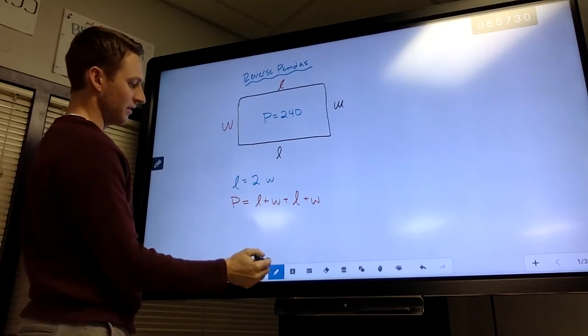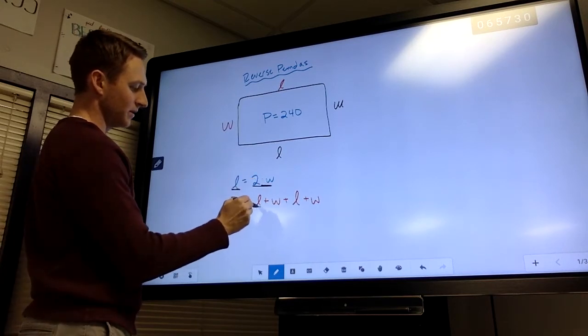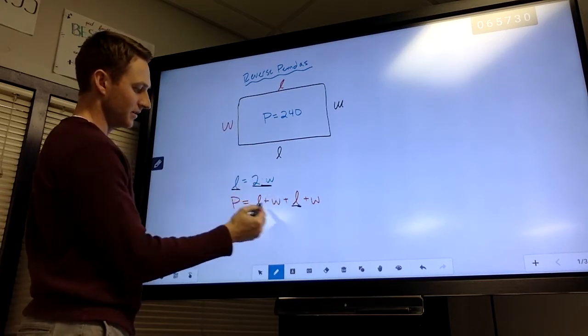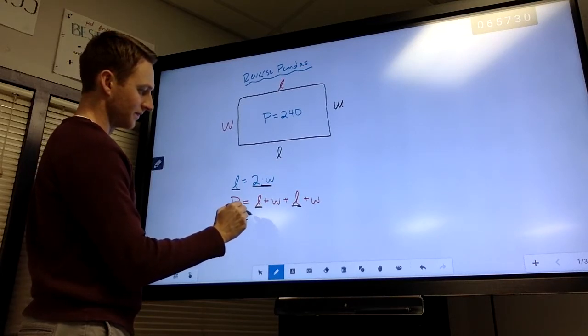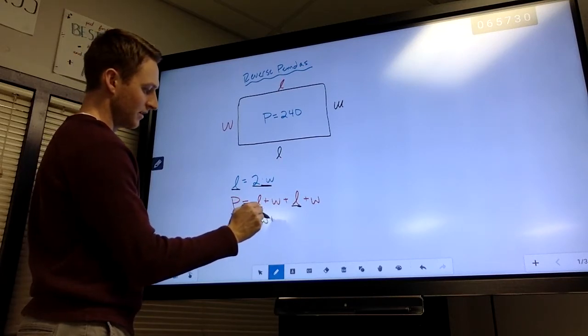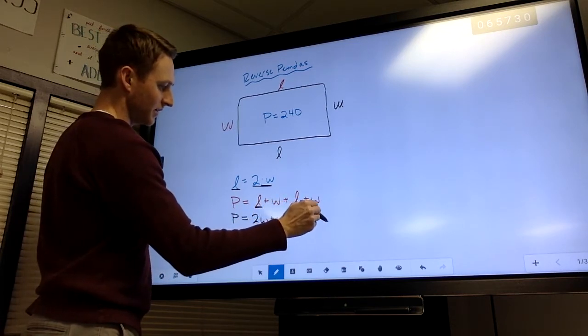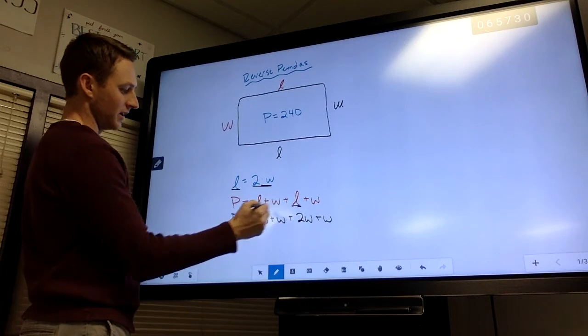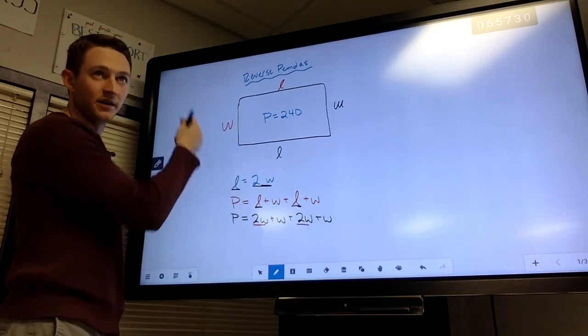But we also know that length equals 2 width. So let's plug in 2W for both of these L's. So we have perimeter equals 2W plus W plus 2W plus W. So where these two L's were, we just plugged in with 2 W's because we have that right here, right? They're the same length.